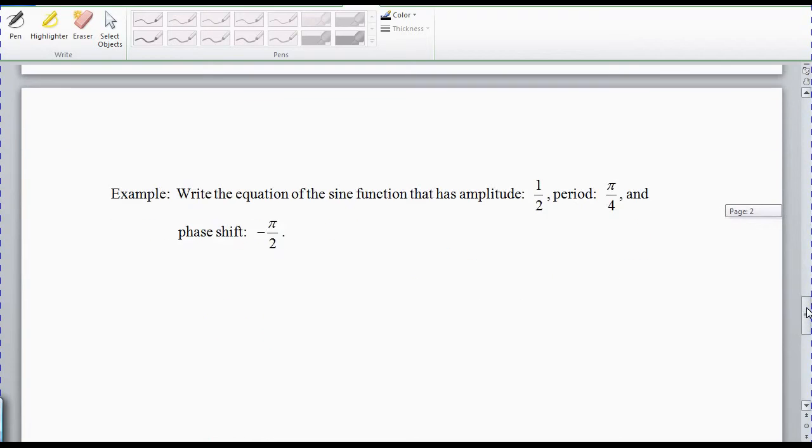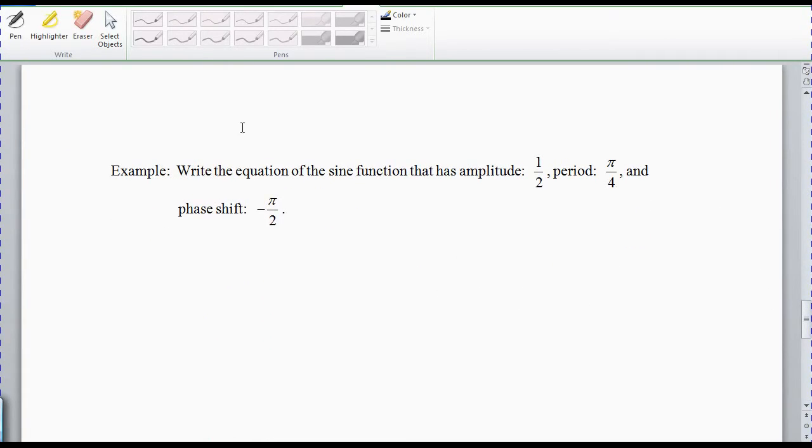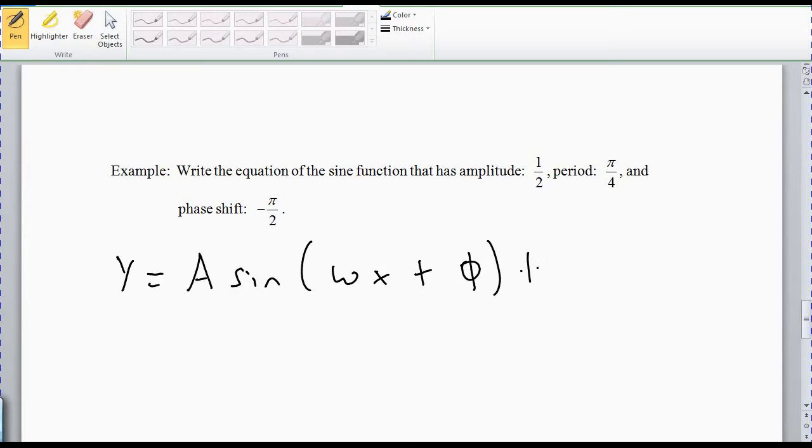Now our last example, we're actually going to write the equation. Now the form that we're looking for is y equals a sine omega x plus phi, and then plus b if we have one. So immediately we have an amplitude of 1/2, so we know that right now we have 1/2 sine.